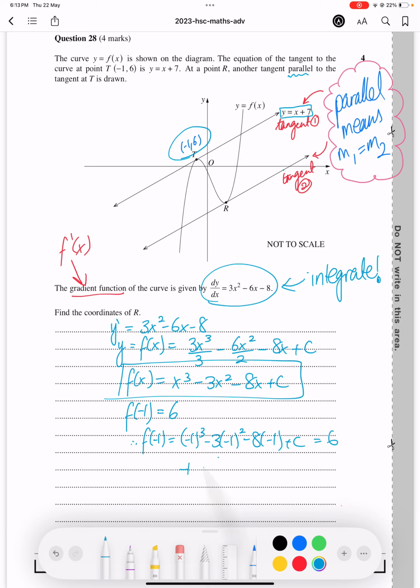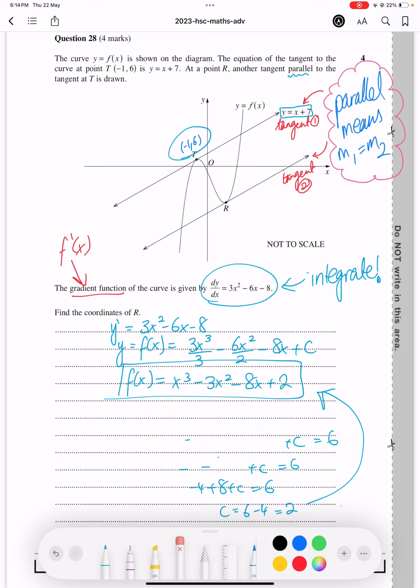So that would be minus 1. And since c equals 2, I'm going to come back and modify this equation. Great. So now we can get rid of all of that and move on to the next part of our question.